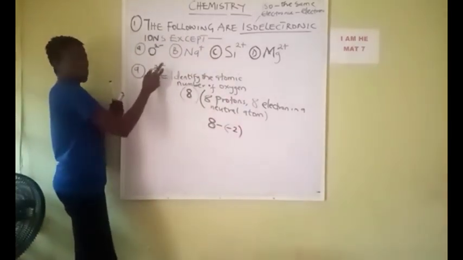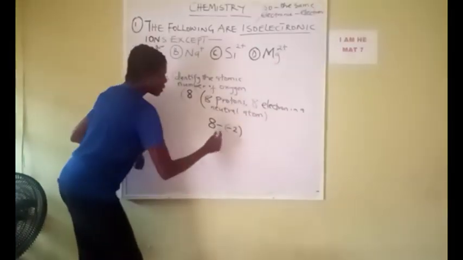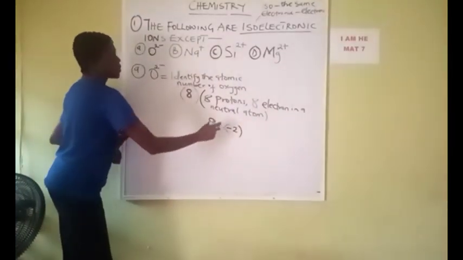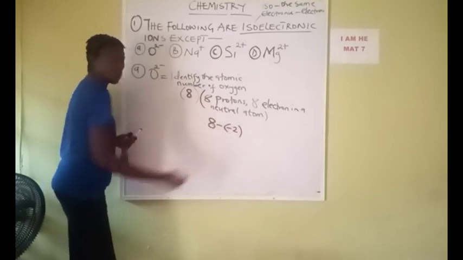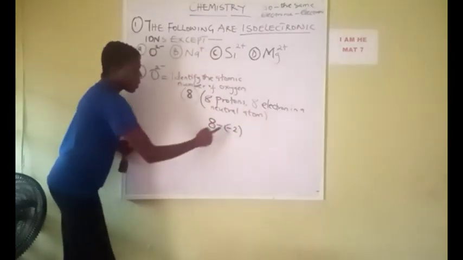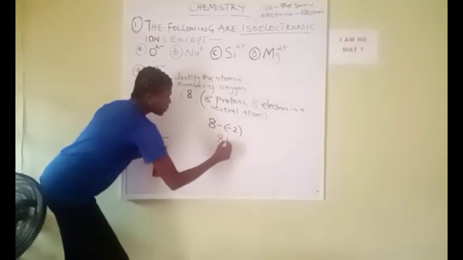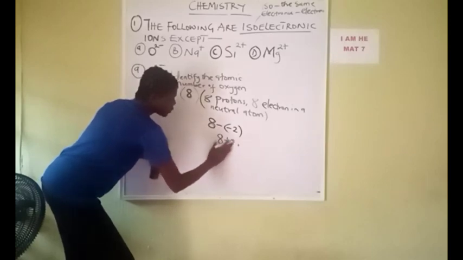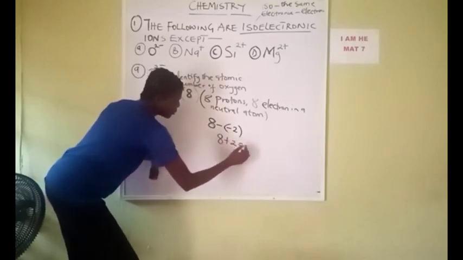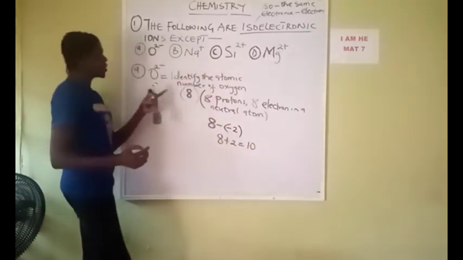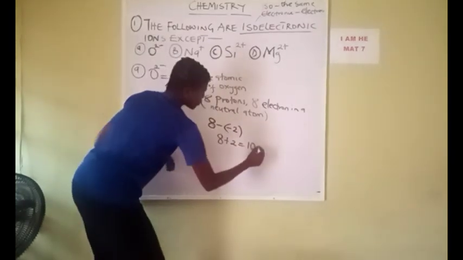Take note, this is a minus sign. So what do we have? 8 minus, in brackets, minus 2. We open the bracket: minus times minus will give us plus. That's 8 plus 2, which is equal to 10. So oxygen here is having 10 electrons.